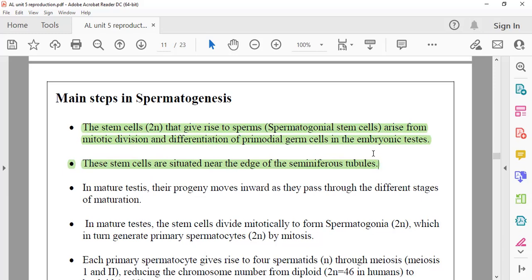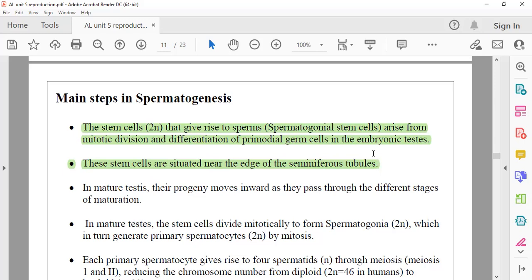These stem cells are situated near the edge of the seminiferous tubules. That is happening in which stage?